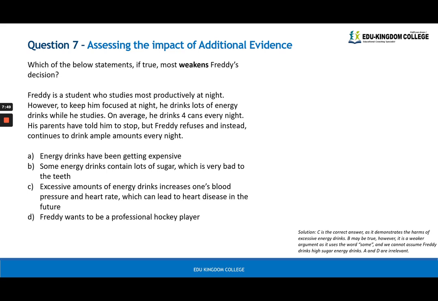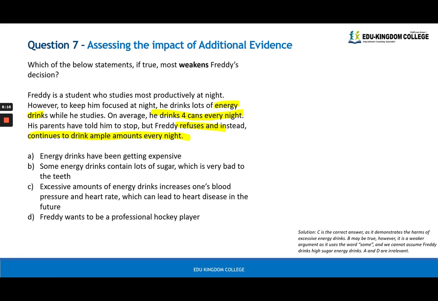Okay, which will weaken Freddie's decision? What is his decision? His decision is that he drinks 4 cans of energy drink every night, and he refuses to stop and continues to drink ample amounts every night. So what would contradict or weaken this idea that you can drink a lot of energy drink every night?